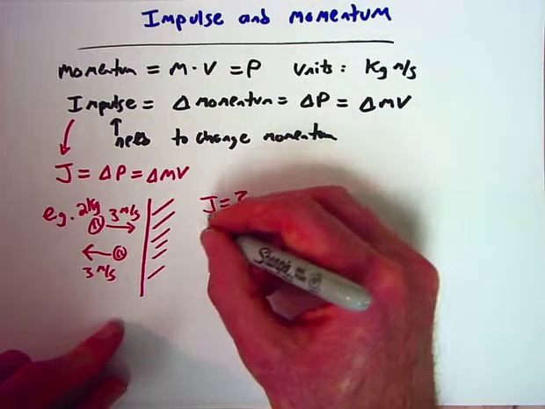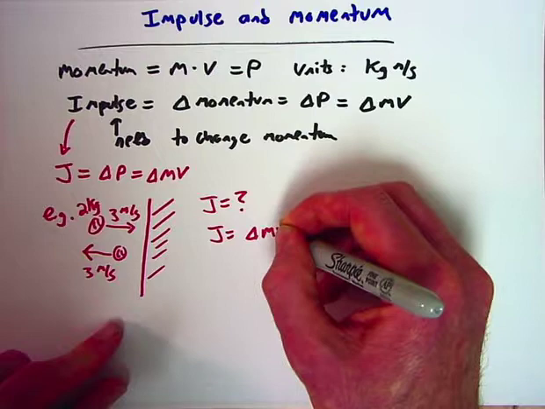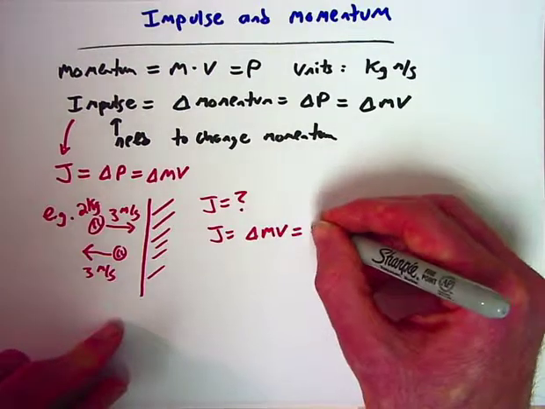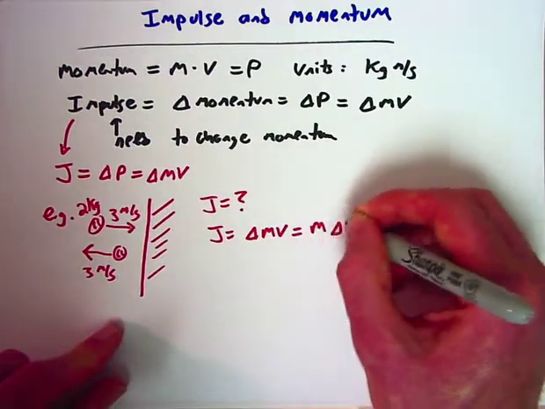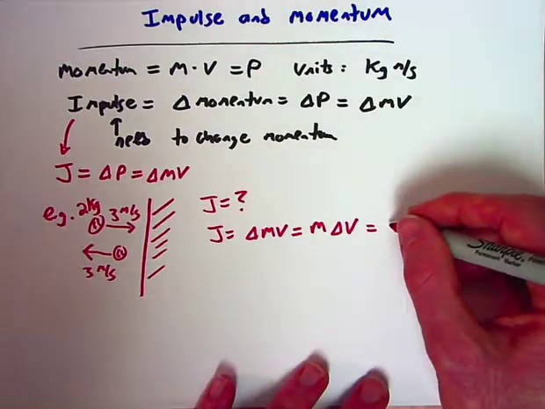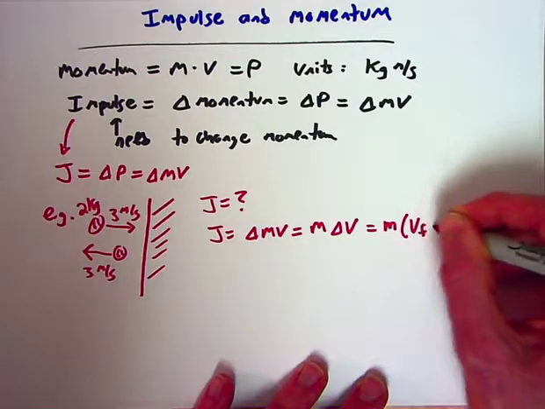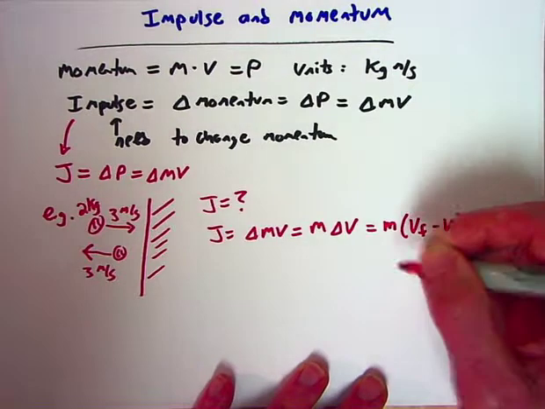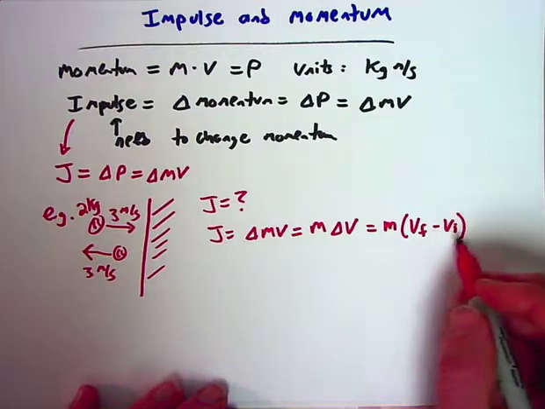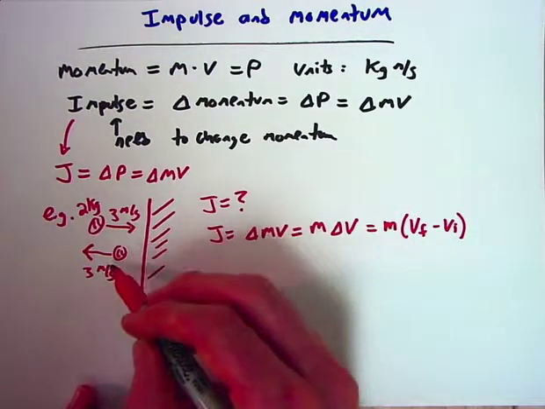Really easy. J is change in mv. Since the mass doesn't change here, it's just going to be mass times change in velocity. And if you want to write it out a little more formally, you could have mass times v final minus v initial. One of those is going to be positive, one of them is going to be negative because the ball is going one way and then going the other way.